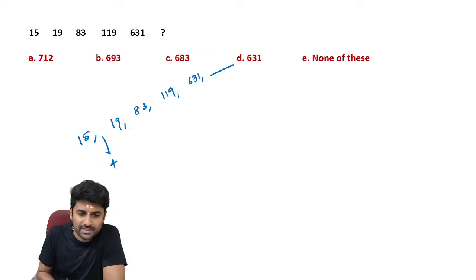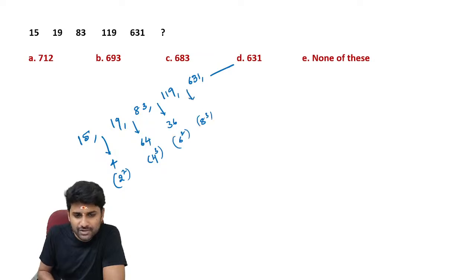So if you observe that here the difference is 4. If you go through that, it's a difference of 64 units. If you go through that, difference is 36. So if you observe these three numbers, it's all about the square and cube combinations. 2 square, 4 cube, 6 square. So definitely here the difference is 8 cube. 8 cube is 512. So according to that series 2, 4, 6, 8 means next number pakka 10.